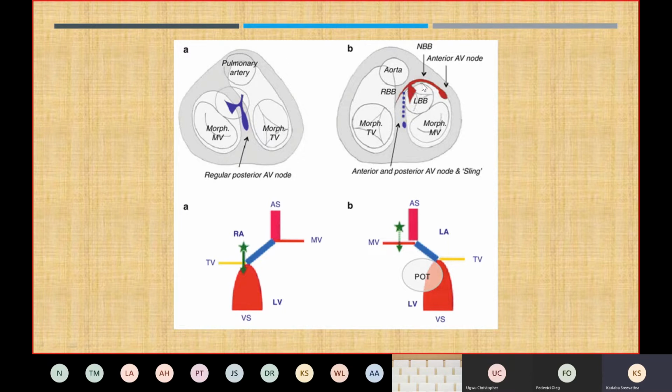As you note here, the bundle has to travel a long path along the pulmonary valve, anterior to the pulmonary valve, and then subsequently anterior-superiorly to reach the ventricular septum and divide into the bundle branches. Now, this unusual long pathway is the reason why patients are predisposed to develop bundle branch block and more conduction abnormalities in a patient with ccTGA.